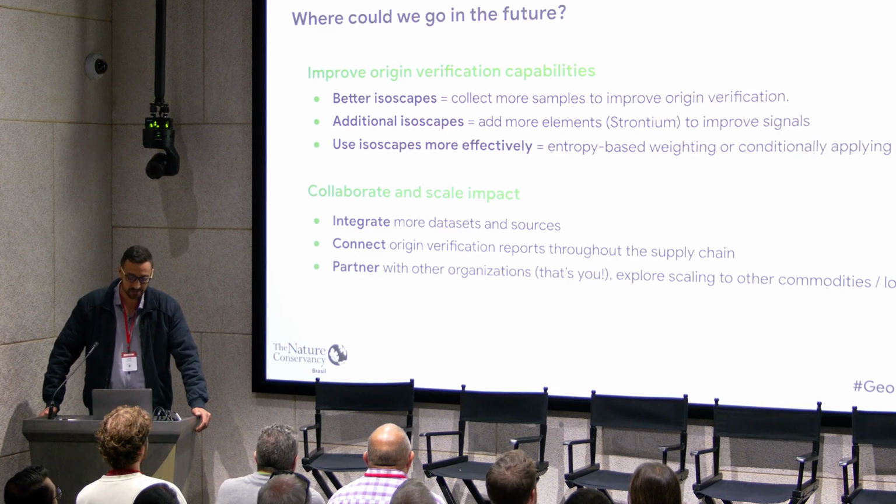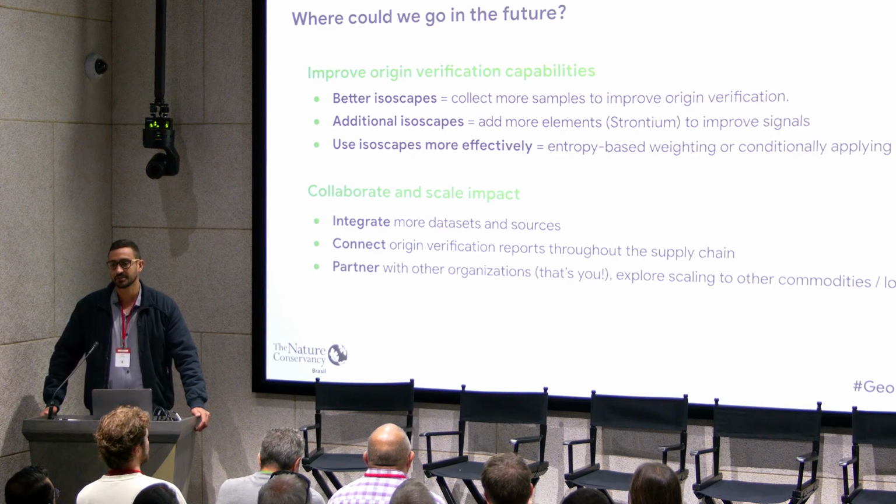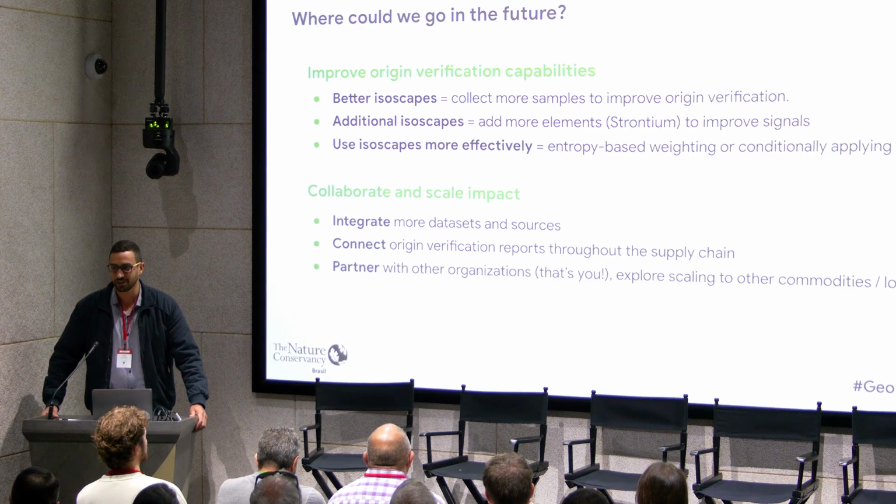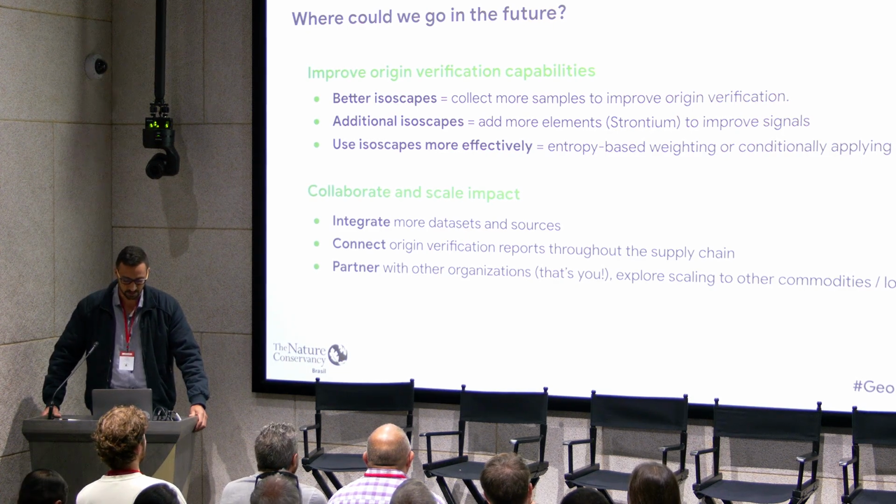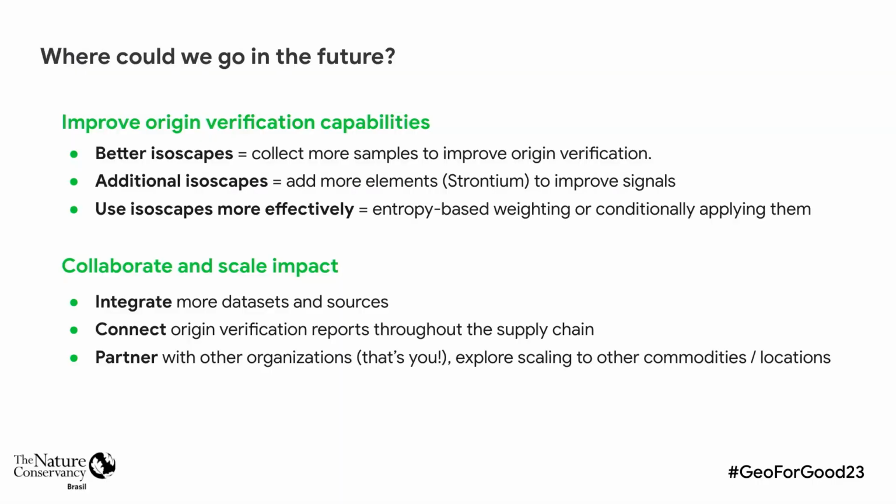So better isoscapes, additional isoscapes using chemical elemental analysis, using hydrogen, using other sources, and using isoscapes more effectively. Ruben, please, you're the guy that created a lot of things here that we can improve and advance, because the research part is very important to create this kind of verification.